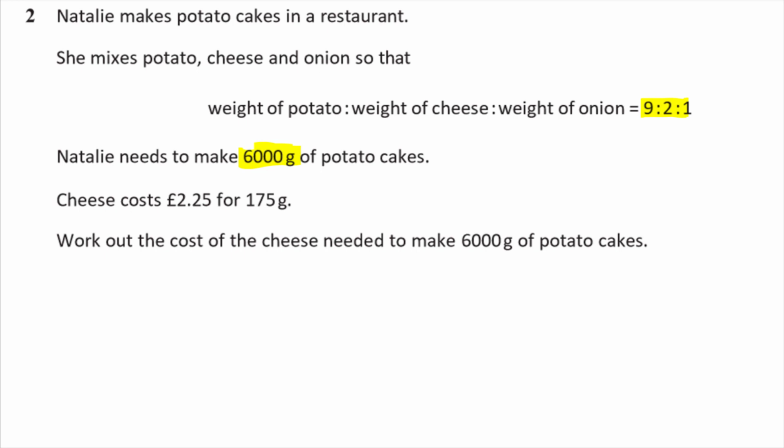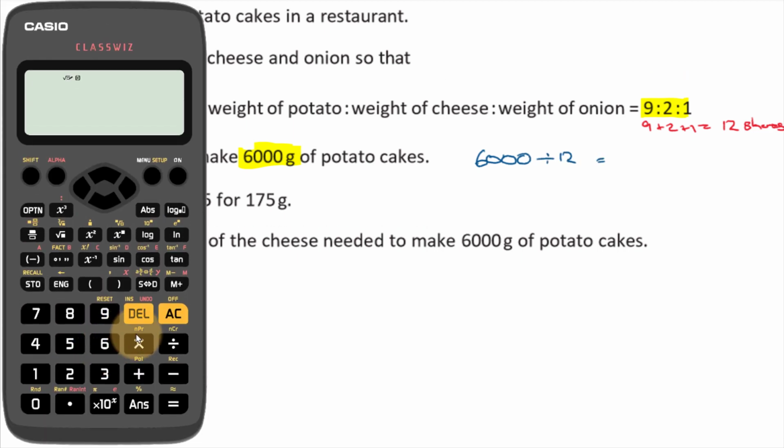So if I've got a ratio of 9 to 2 to 1, then I've got 9 plus 2 plus 1 parts, haven't I, or shares. So that's 12 shares altogether. Okay, so then if we then divide our 6,000 grams into those 12 shares, 6,000 divided by 12, what's that? Reaches for calculator. 6,000 divided by 12, that comes to 500. 500 grams.